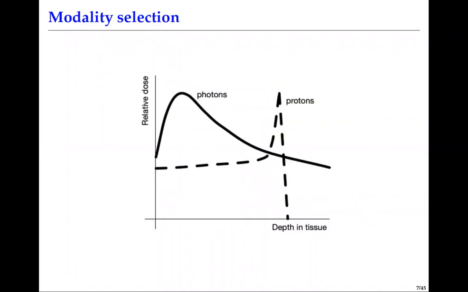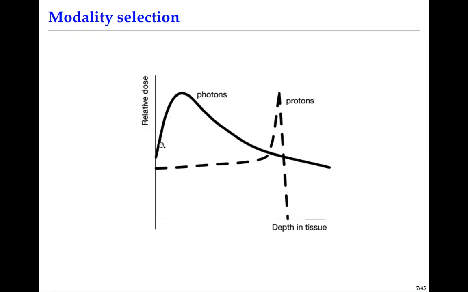And I mentioned the third approach has to do with modality selection. This schematic shows the idea behind different modalities and how they behave. In particular, this shows what is called the dose deposition profile, schematically, of 2 different modalities, photons and protons. On the x-axis, I have depth in the tissue, and the relative dose that is delivered at that particular depth.